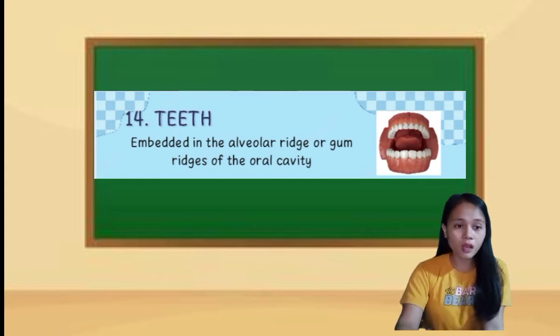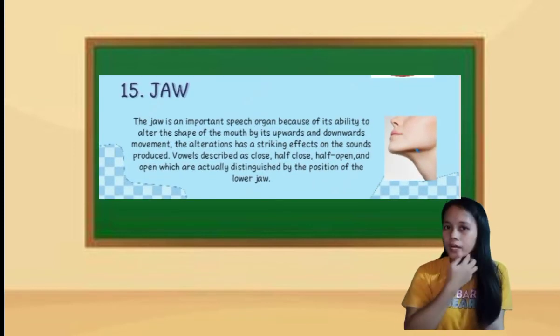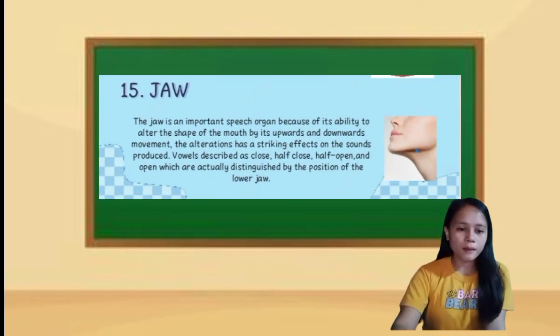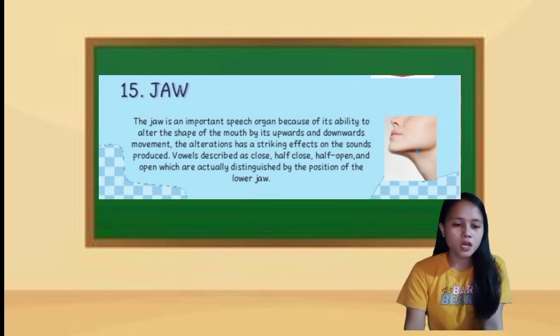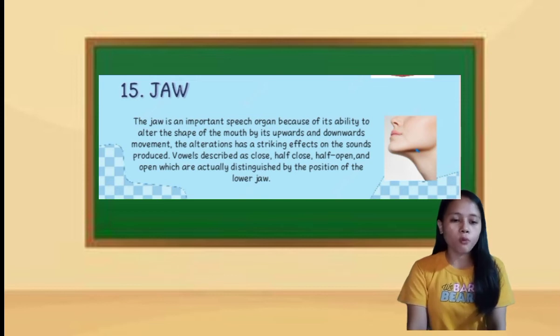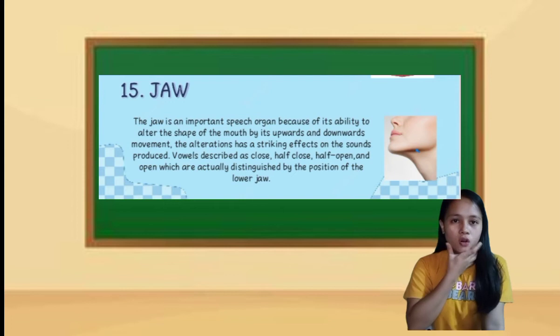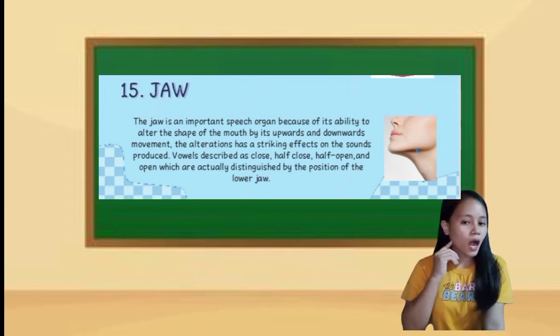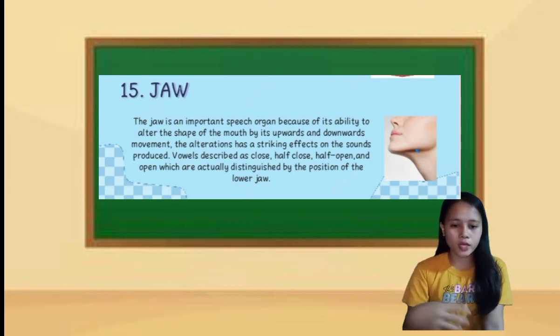Okay. Another is the jaw. This is our jaw. Then, the jaw is an important speech organ because of its ability to alter the shape of the mouth by its upward and downward movement. So when we talk, our jaw moves downward and upward, right?